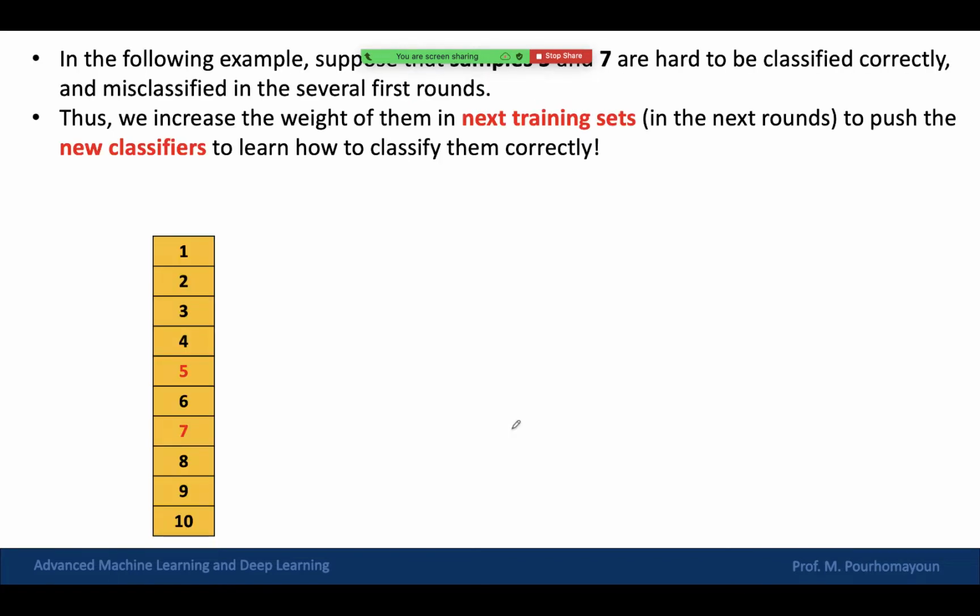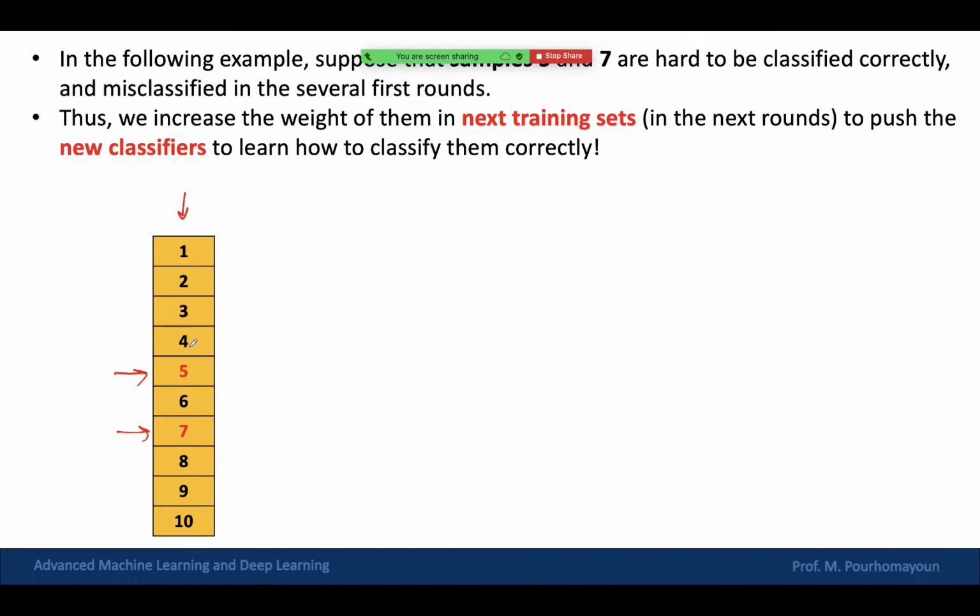Okay, so let me show you this picture. In the following example, suppose that 5 and 7 are hard to be classified correctly.